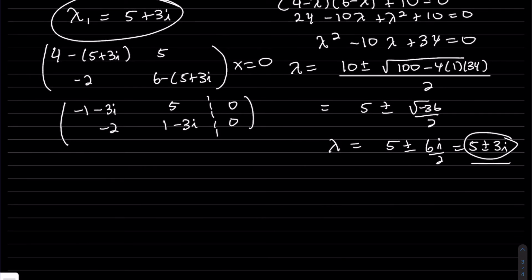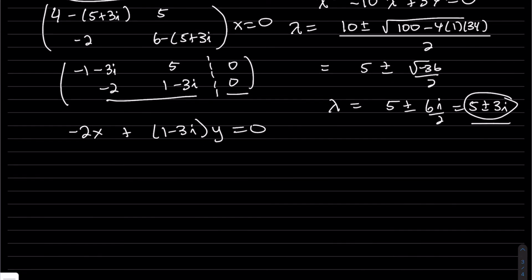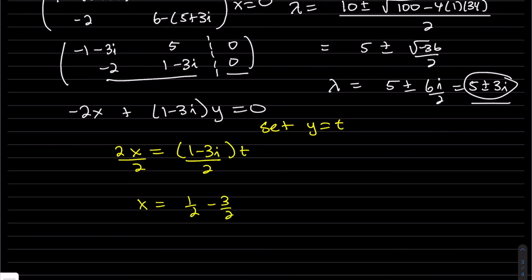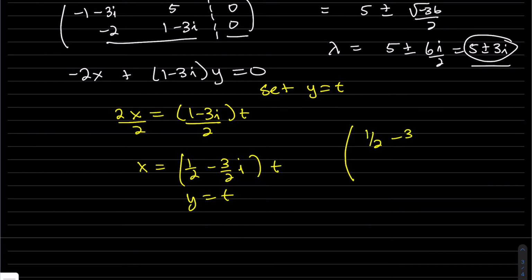Well, we don't really need to augment it because we're just going to set up the second equation so that our x is already isolated. Minus 2x equals 0. We're going to set that equal to my t. Times our t.